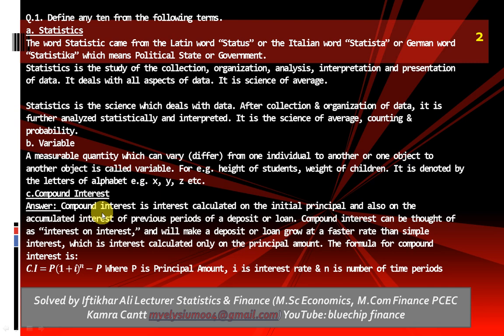So compound interest can be thought of as interest on interest, and it will make a deposit or loan grow at a faster rate than simple interest. In simple interest, interest is only calculated on the initial principal deposit at each time. So that is the main difference between simple and compound interest. The compound interest formula is also given here, and a lot of times in the previous videos we calculated compound interest.